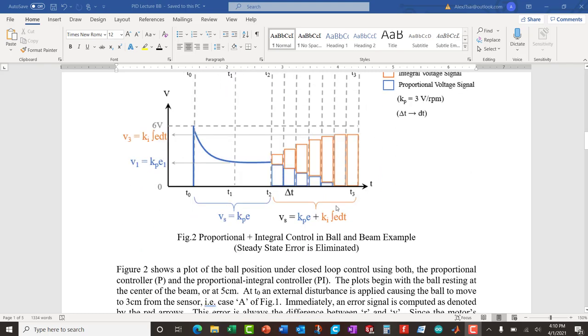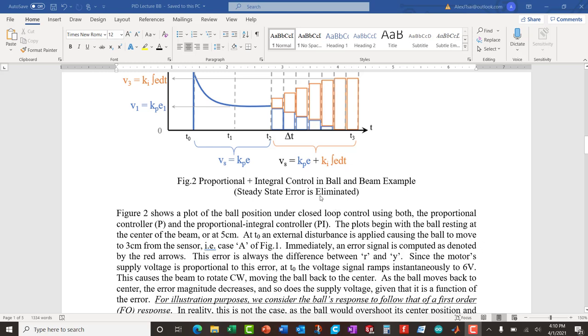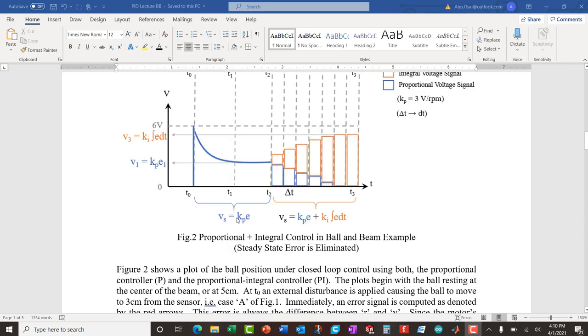So it's not only the design process, but it's also a little bit of an art, if you think about this, because at some point in class we're going to talk about empirical tuning and how to get these numbers without necessarily doing the math.